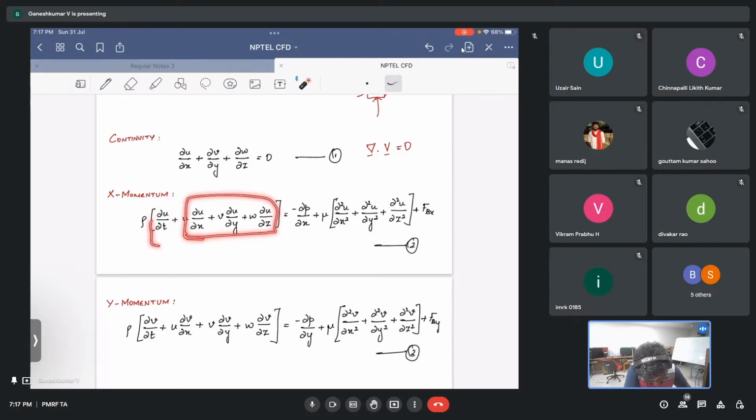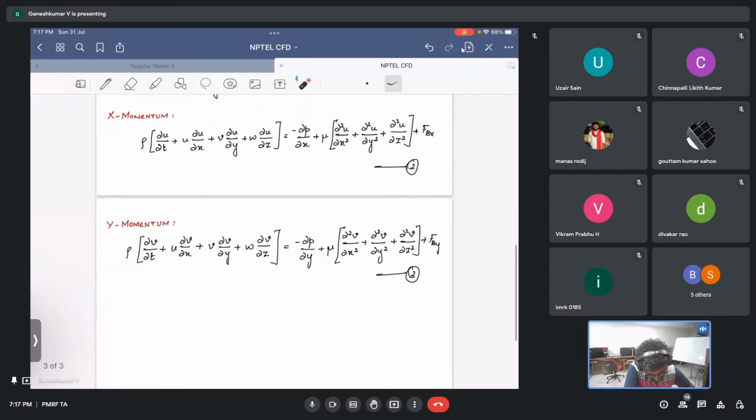So these all correspond to the acceleration of a fluid element. So this is mass times acceleration, equal to the force acting on the control volume. We see there is a pressure gradient, a viscous force, and a body force. Similarly, the same thing goes for the y momentum equation.